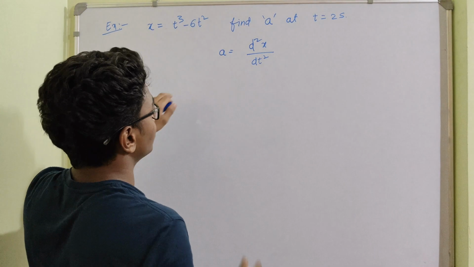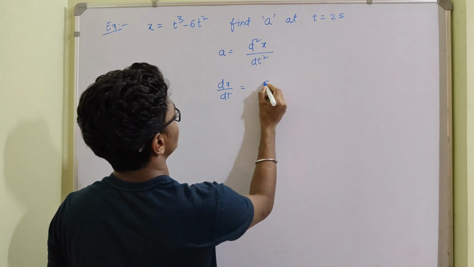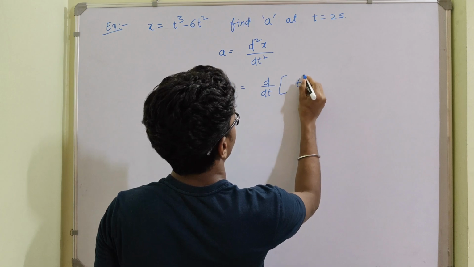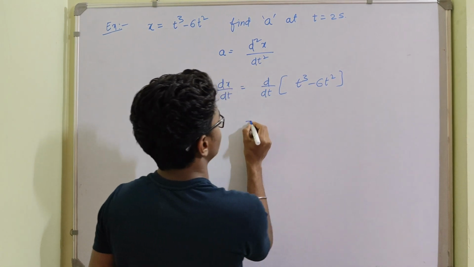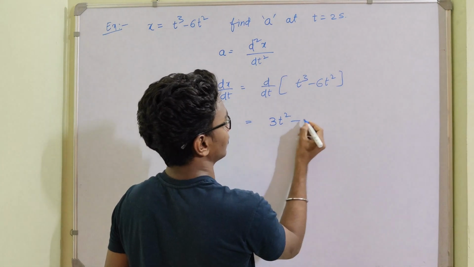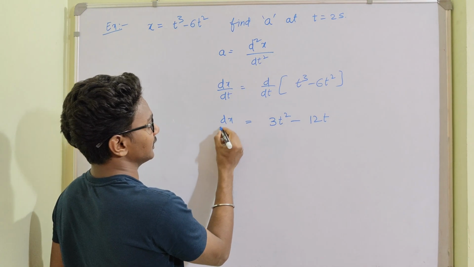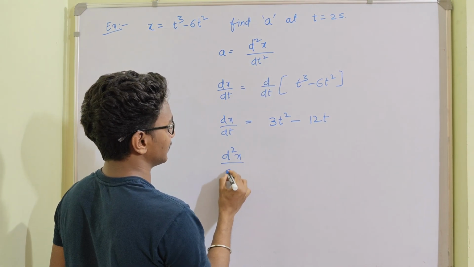This is a double derivative. First find dx by dt, that is d by dt of t cube minus 6t square. This will give us 3t square minus 12t. This is dx by dt, but we want d square x by dt square. Again differentiate with t.